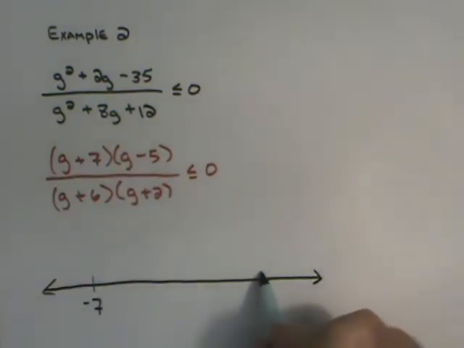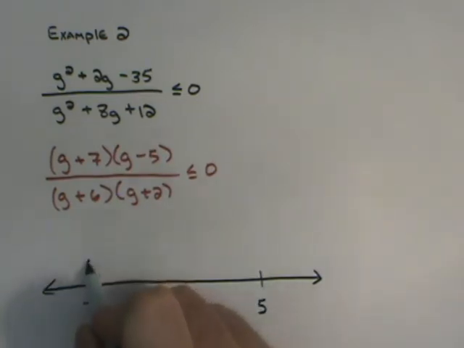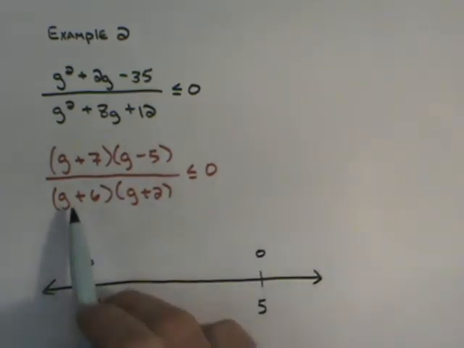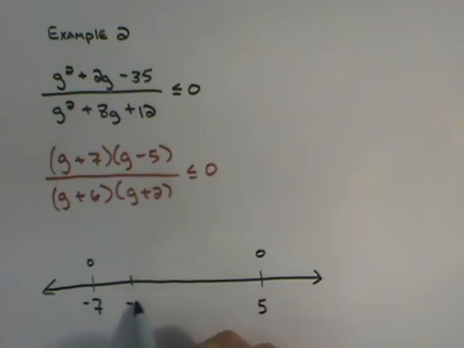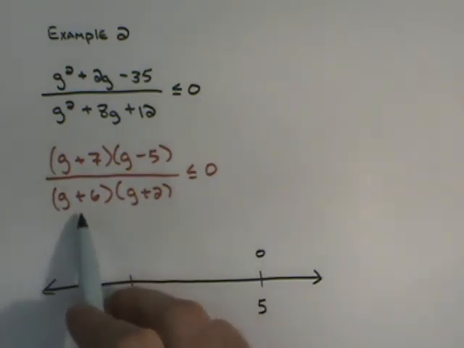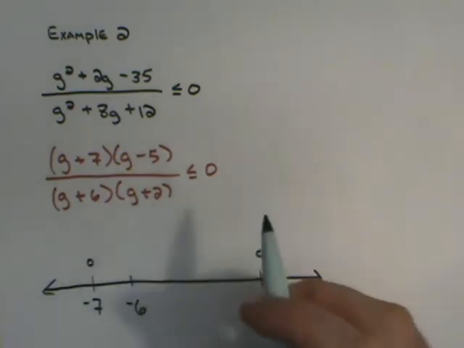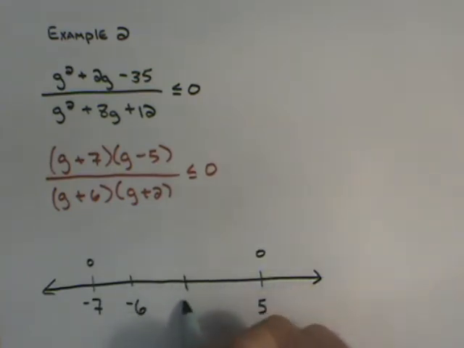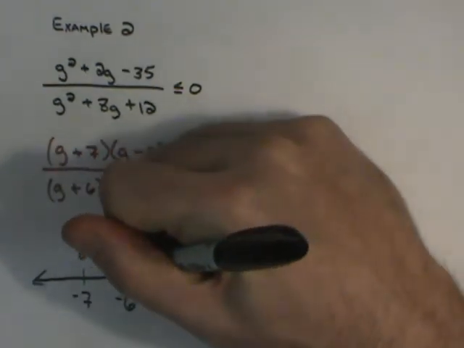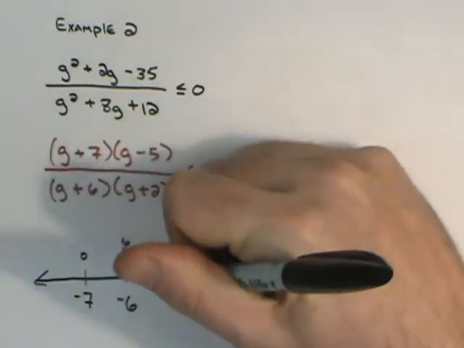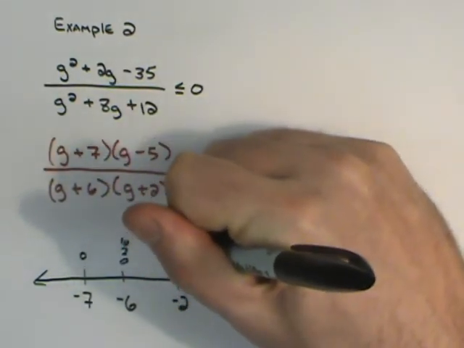So there's negative 7, here's 5. I'll mark a 0 above them. Restricted values come from negative 6, that's what creates a 0 in the denominator, and negative 2. Once again, we'll call those DNEs for asymptotes, restrictions, values that we cannot have.